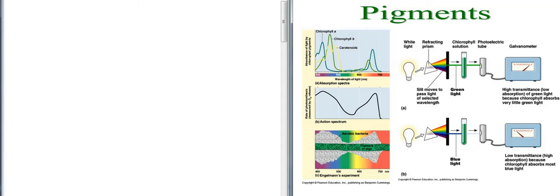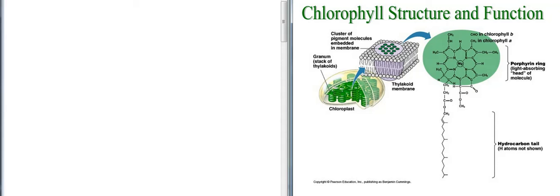So these are the pigments, and this is how the pigment experimentation is done. We are checking which part of the light is more essential. Generally we see that chlorophyll A and B are the most essential part of the chlorophyll and act in excitation. So these are the chlorophyll molecules.